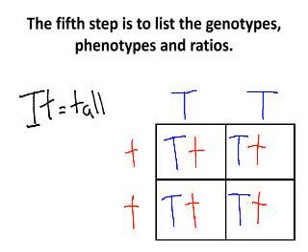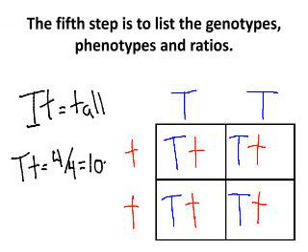The last thing you need to do is figure out the ratio of genotypes and phenotypes. The capital T, lowercase t ratio is figured out by counting the number of boxes that it appears in. In this case, it appears in 4 out of 4 boxes, giving us a percentage of 100%. The phenotype, likewise, is also going to be 4 out of 4.